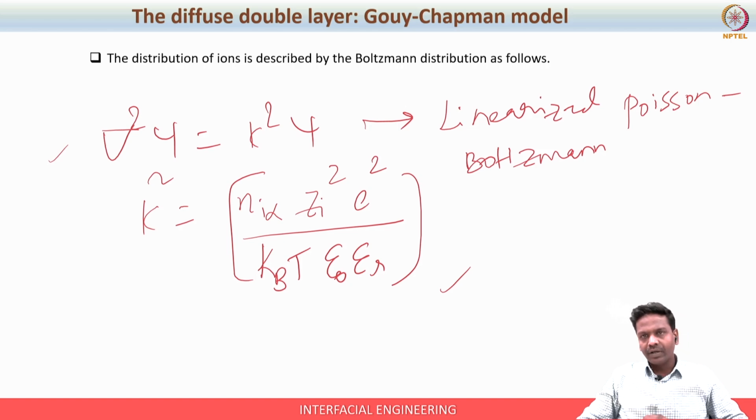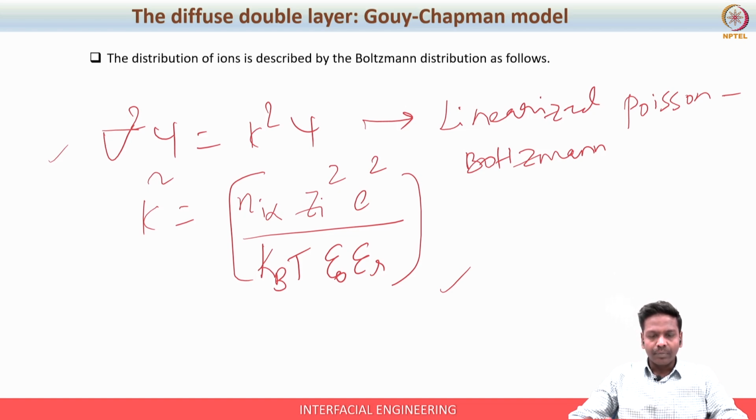Before we move on to the electrical double layer model governed by Gouy-Chapman and Stern, we can look first at the linearized Poisson-Boltzmann equation, which we missed during the last lecture. The equation that we obtained, del square psi equal to k square psi, is actually a linearized equation.